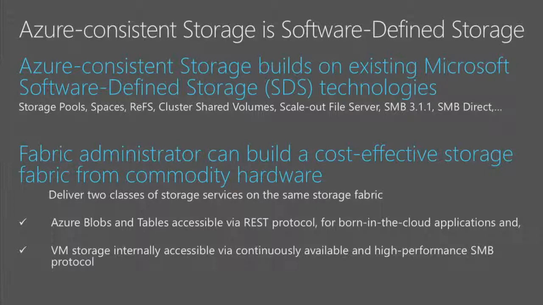The other is really provisioning blobs and tables off of the exact same storage fabric. This is not really a rip and replace kind of solution, right? We have one storage fabric and we will build one private cloud storage stack, and you can offer blobs and tables on it, or you can continue to offer the more traditional file and block interfaces on top of the same fabric.